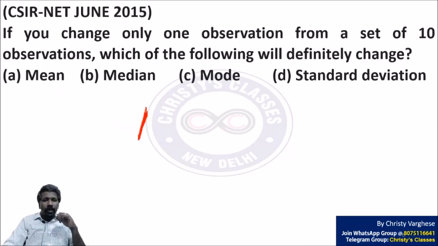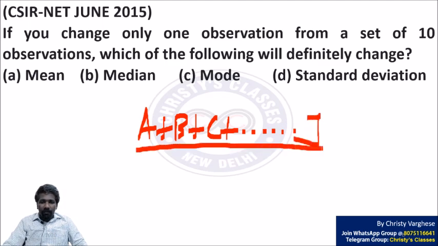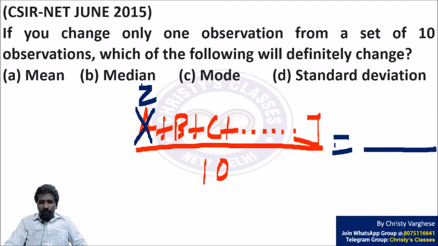And that is true for the general case also. For example, if A, B, C, D, E, F, G, H, I, J are the 10 numbers, the arithmetic mean means A, B, C, D up to J added, divided by 10. If you replace any number, without loss of generality I choose A and replace it by some Z, definitely the new numerator will not be equal to the old numerator, and the denominator 10 will remain the same.